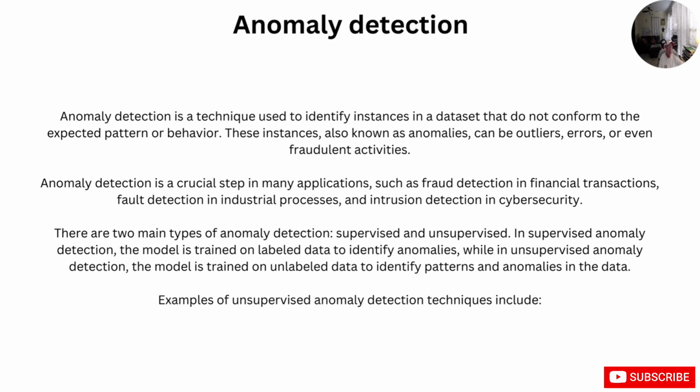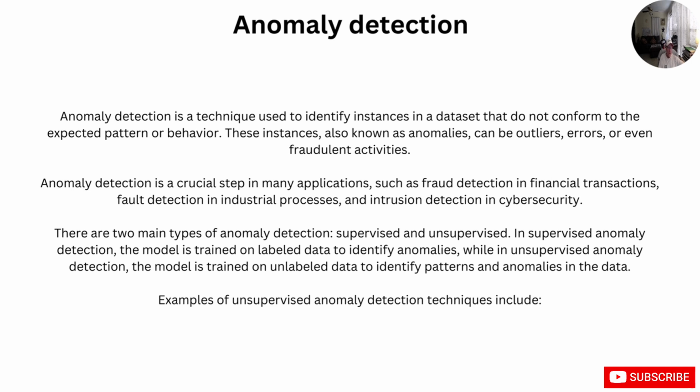These instances, also known as anomalies, can be outliers, errors, or even fraudulent activities. Anomaly detection is a crucial step in many applications, such as fraud detection in financial transactions, fault detection in industrial processes, and intrusion detection in cybersecurity.